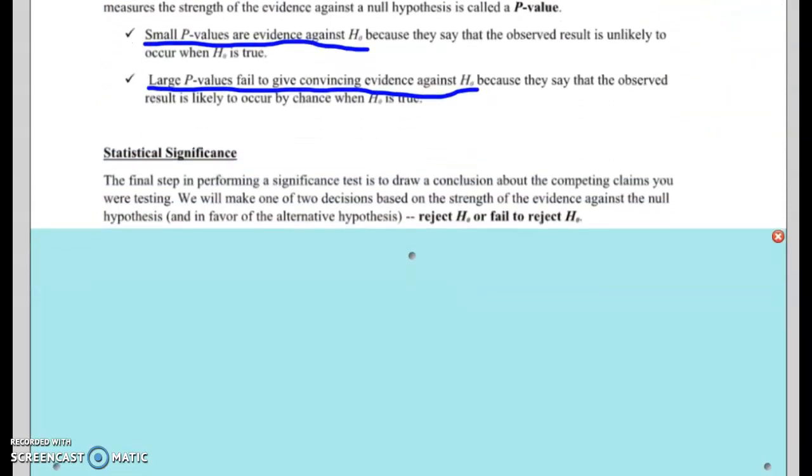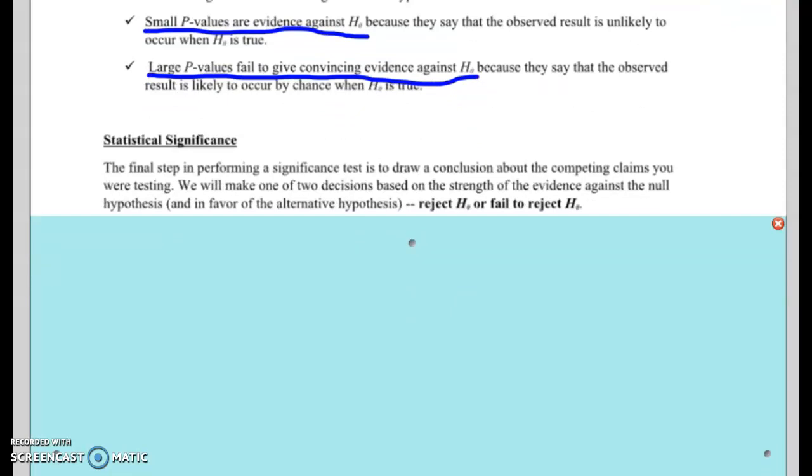I was just listening to a broadcast right now, and I heard the word statistically significant. When we calculate these p-values, they are considered statistically significant if they're unusual enough to go against the null. So to be statistically significant, you have a very small p-value.